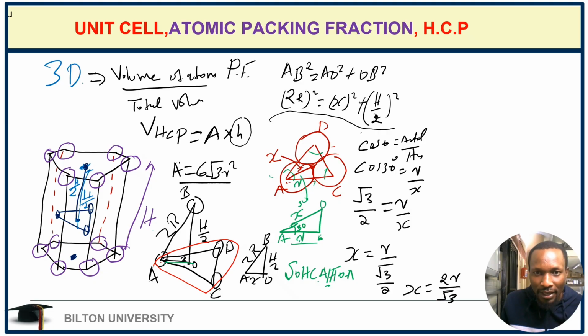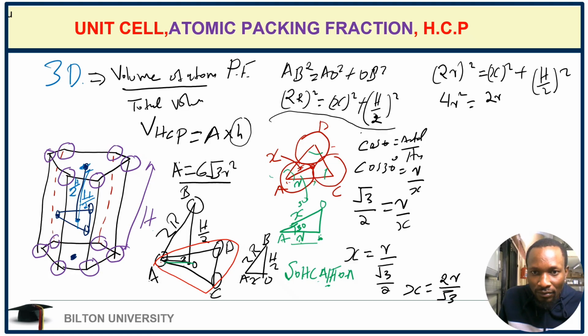and say that now 2R squared is equal to X squared plus h over 2 squared. So 2R squared will be 4R squared, is equal to X squared, which is 2R over root 3 squared, plus h squared over 2 squared, which is 4.